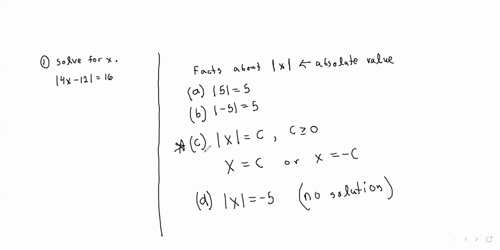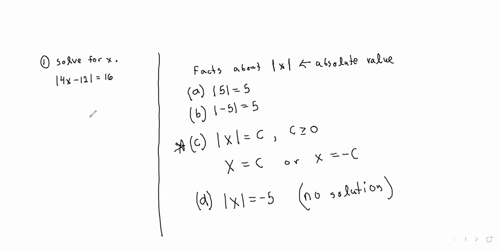Okay, so we're going to use fact C, which says if you have the absolute value of something equal to a positive, then the something in the absolute value is either this number or it's negative. We can replace x with anything. So in this case, instead of an x, we have 4x minus 12.